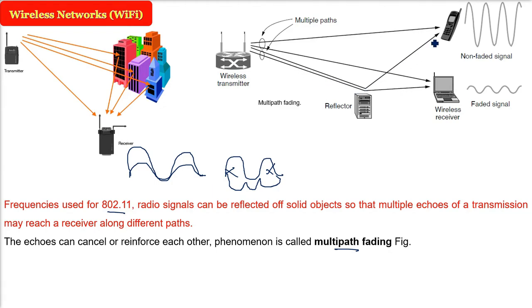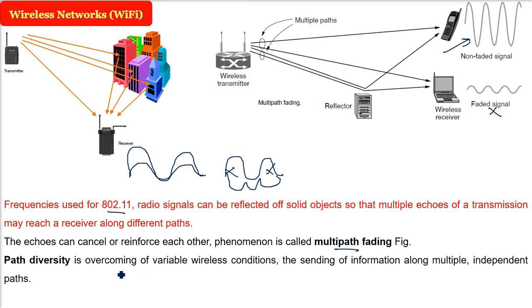So if you see here, if some reinforcement is there, you will get a non-faded signal and even higher. But if the two signals are cancelling each other, you will get a faded signal. So what is the solution? Path diversity is the solution.